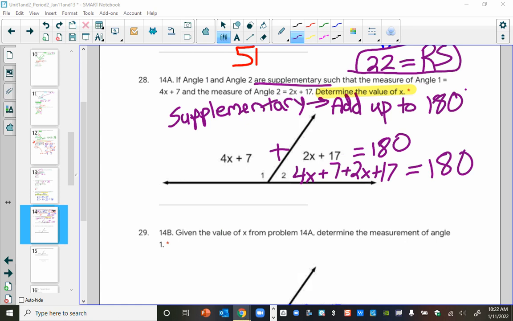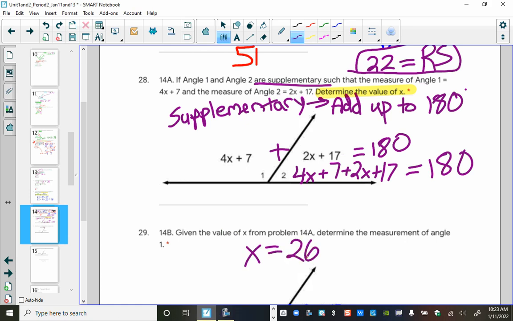All right, really quick, heads up. Here's what's going on. You're going to plug them in. You get your x equals 26.